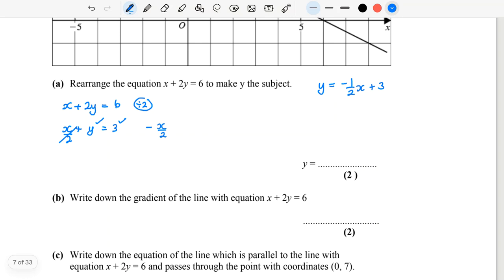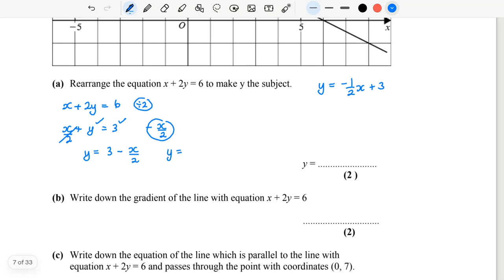So if we minus it, that gets rid of it on this side, and that leaves me with y equals 3 minus x over 2. Now, is that the same as this? Yeah, it is, isn't it? Because y equals, what's x over 2?